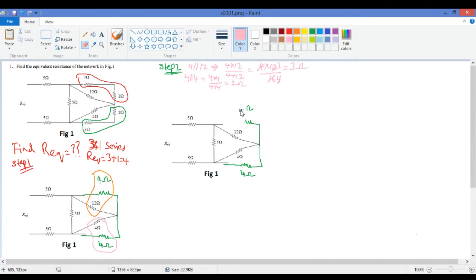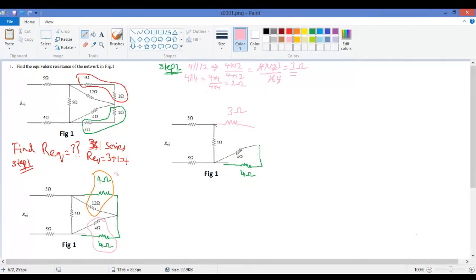So I erase this one. Instead of erasing, I will just select this. You see, I cut this also. Okay, I got here 3. I got 3 because you see I got this as 3 ohms. Okay, so I make it as 3 ohm.